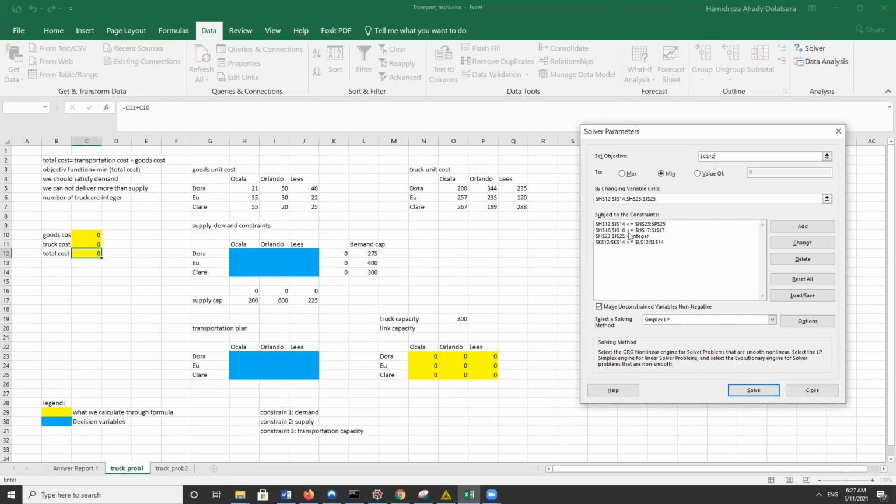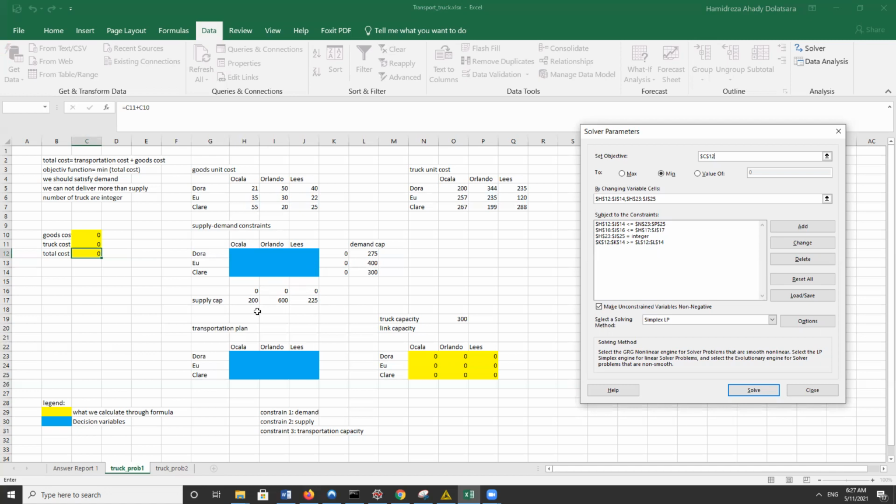Okay, the second constraint is H16 to J16 less than or equal to H17 to J17, which makes sense. This zero is basically just a formula of summation of columns.